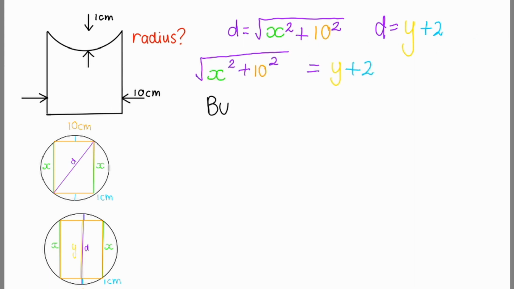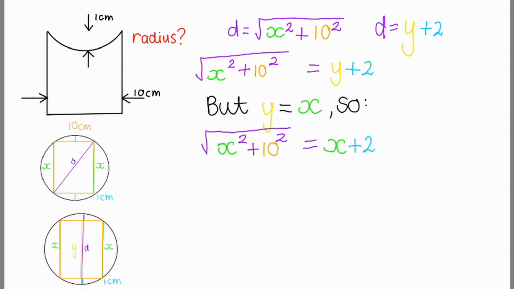But if we look at our sketches, we can see that the lengths y and x are actually the exact same. So we can say that y equals x. So now we can substitute x into every place that y is, which is here. And from here on out, it's easy.